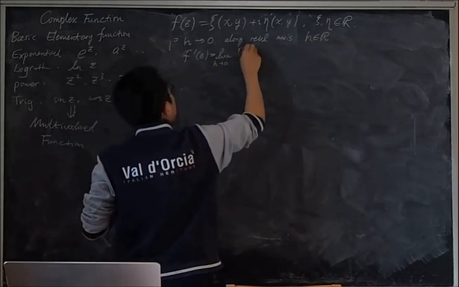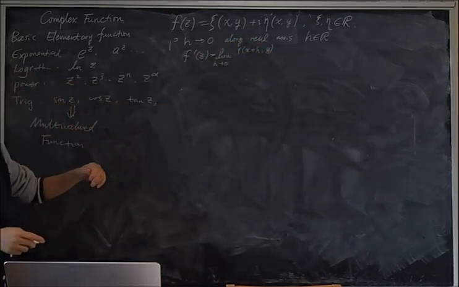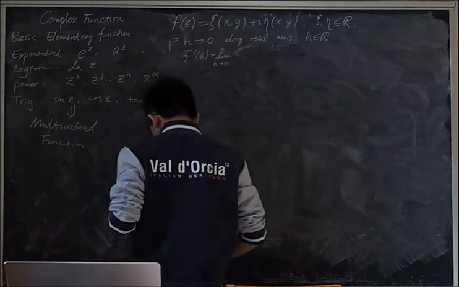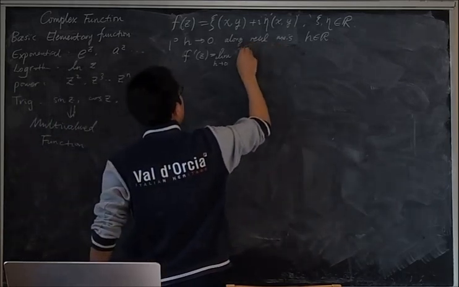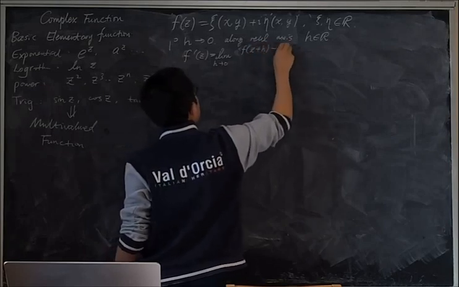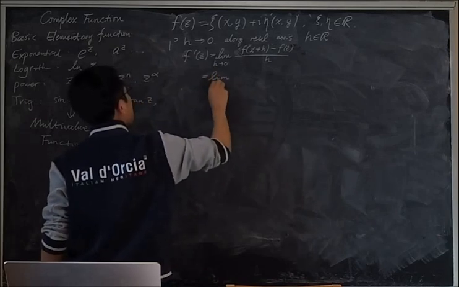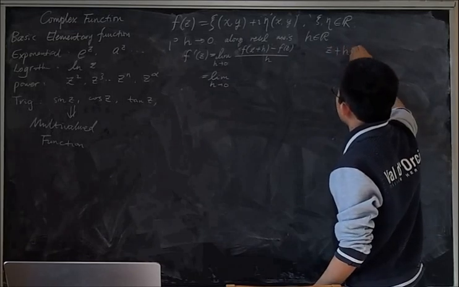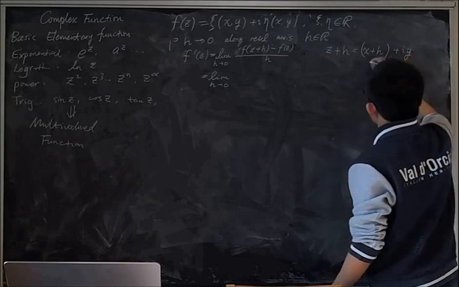That translates to this, right? I think I'll just write the original form a little bit to avoid confusion. So f(z plus h) minus f(z) divided by h. That is the limit of h goes to 0. This z plus h becomes x plus h plus iy. This is the new real part.